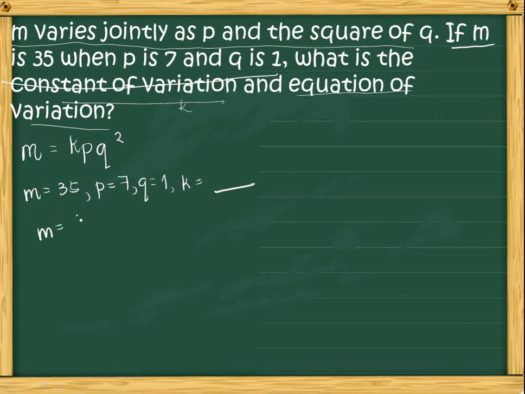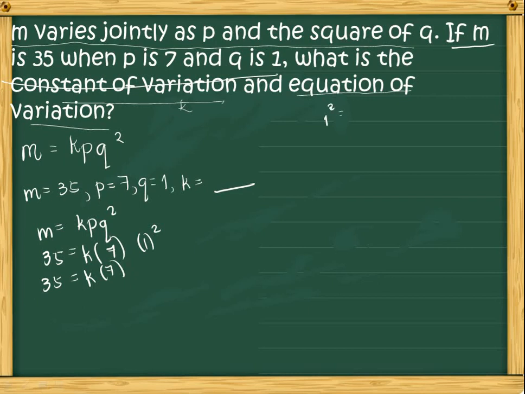M is equal to K P Q squared, where M is 35, equals K times the value of P, which is 7, times the value of Q, which is 1, squared. So, 35 is equal to K times 7 times 1 squared.